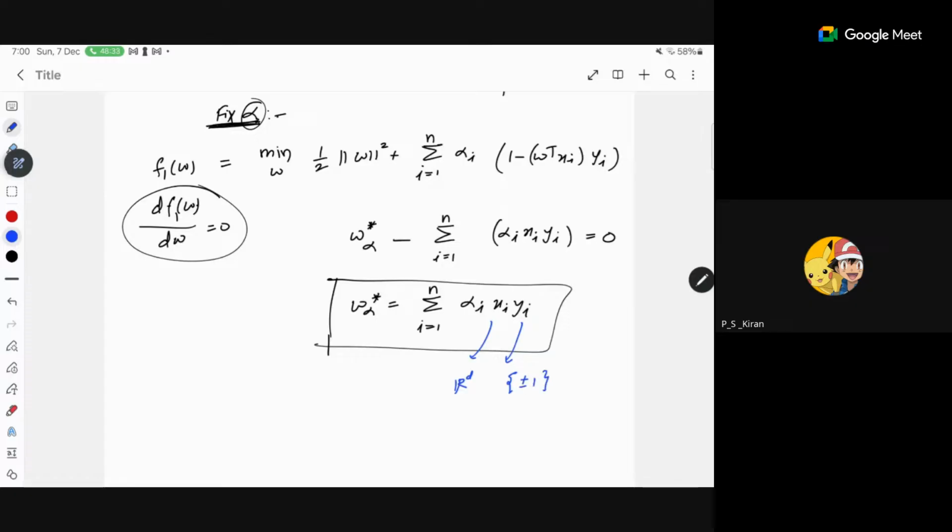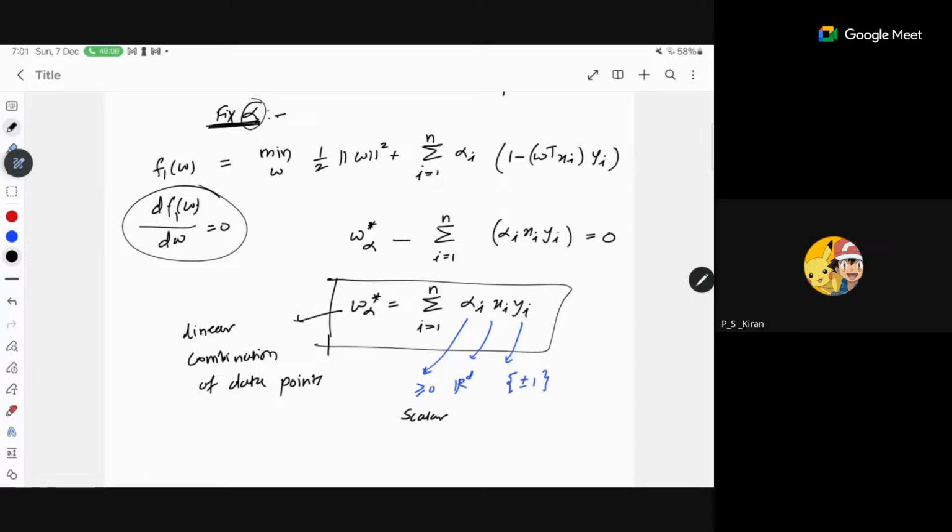And alpha i star is always greater than or equal to 0, right? So can W alpha star be looked at as a linear combination of data points? Can I say that? Yes, because alphas are some scalars, right?